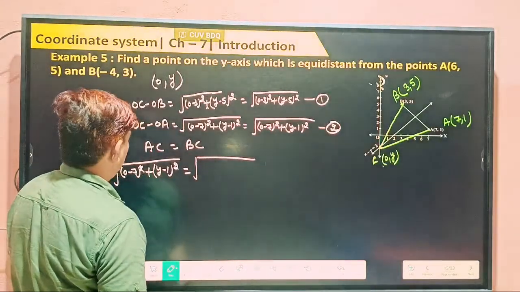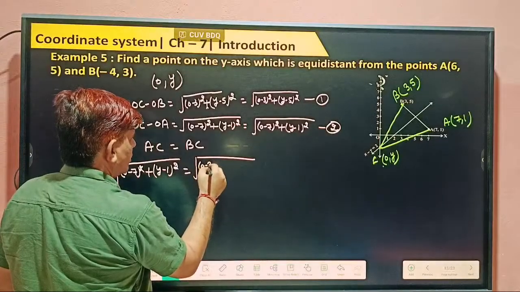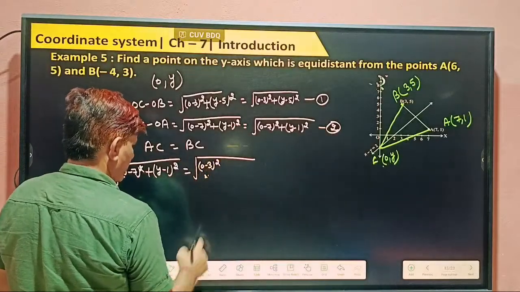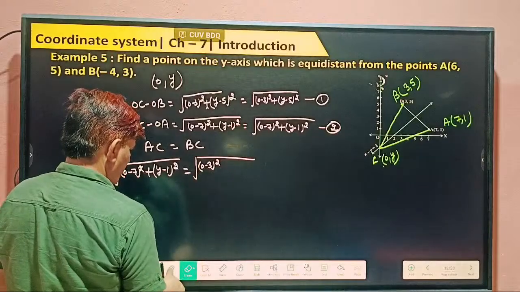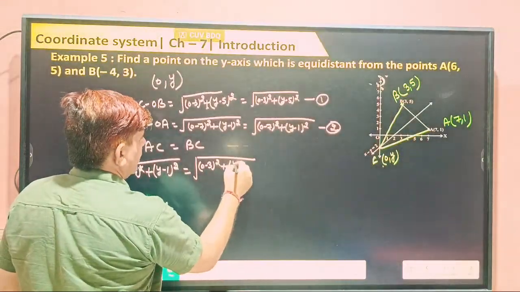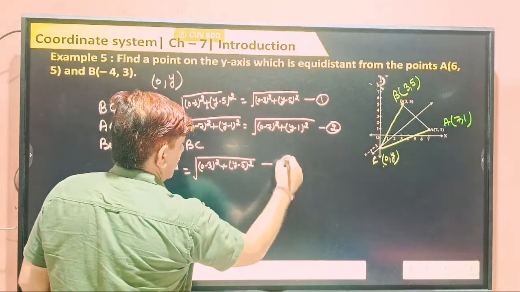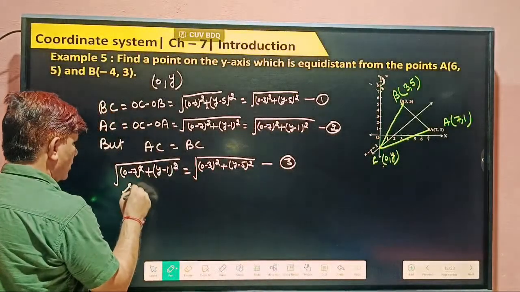What is this? 0 minus 3 whole square plus y minus 5 whole square. This is 3. Again squaring both sides.